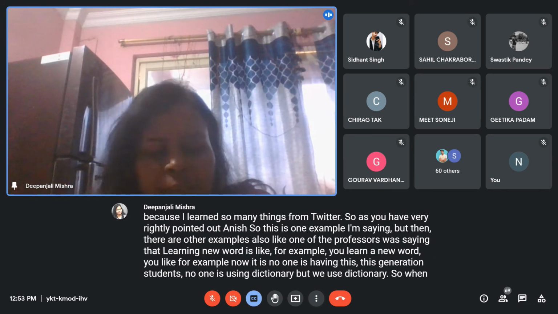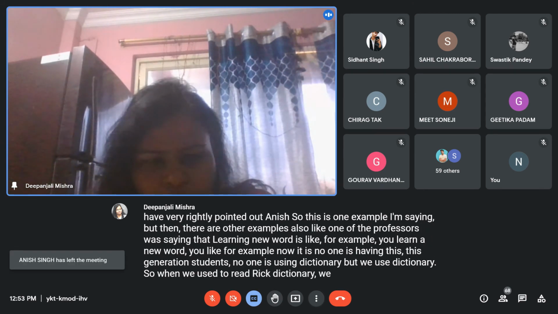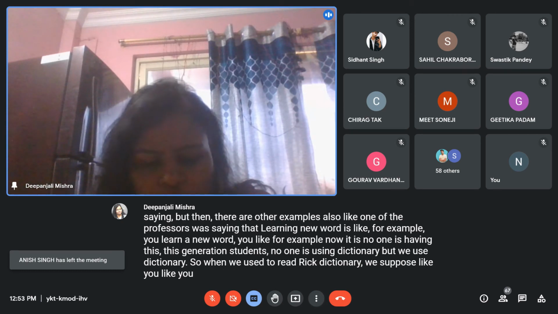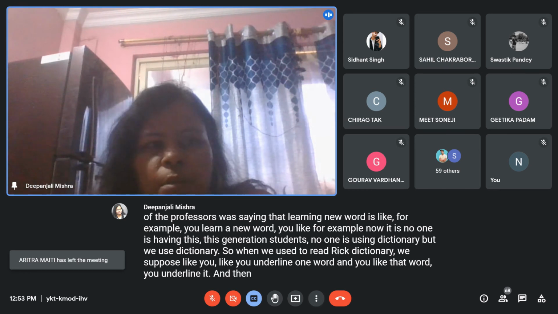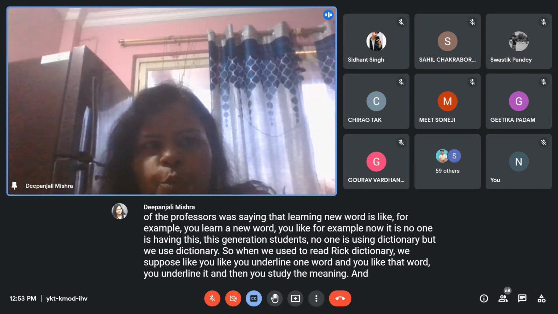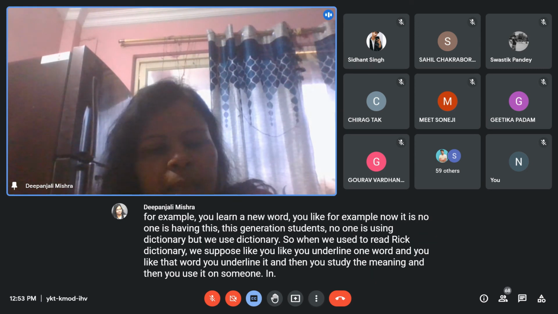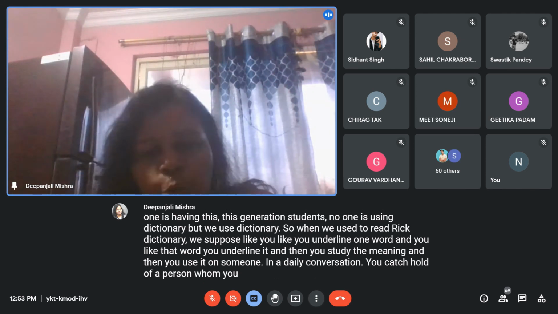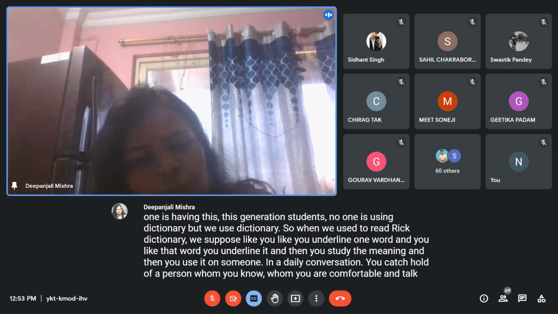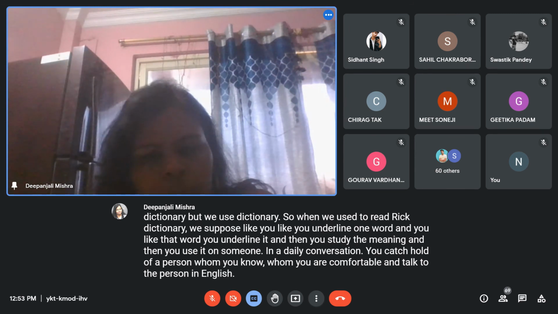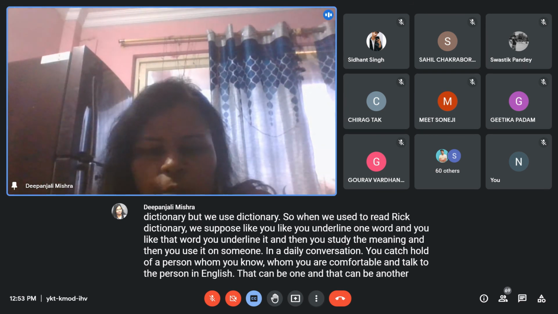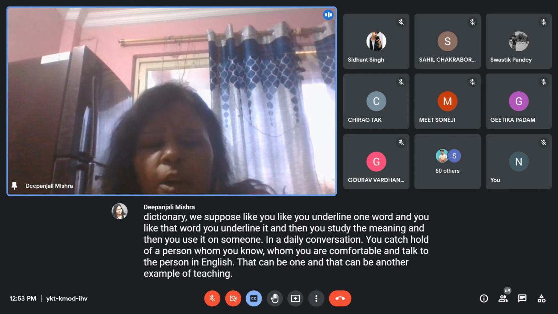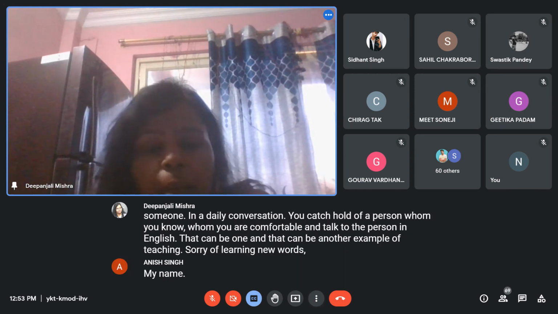When we read the dictionary, you underline one word that you like, you study the meaning, and then you use it in a daily conversation. You catch hold of a person whom you know and are comfortable with, and talk to the person in English. That can be another example of learning new words, or enhancing your vocabulary.